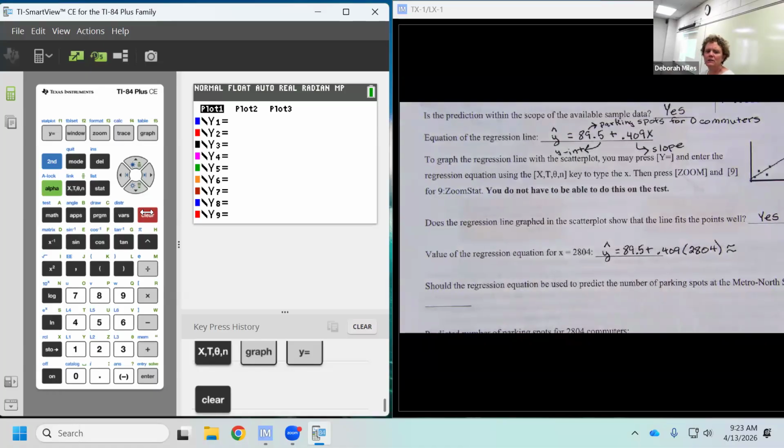Round that to the nearest whole parking spot for me. We're not going to have half spots. You have it, Jason? 1236. 1236. Does anybody second that? Anybody get anything different?